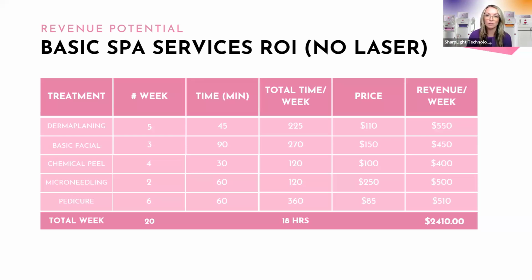Amazing. So just to touch on, the advantage of your fractional handpiece in your practice, in your business, as well being able to go into stack treatments using your fractional. If you have other handpieces as well, Sharp Light handpieces. We always kind of start here as, when you look at basic spa services, when you aren't working with laser technology, of course, you can make some great revenue with your common treatments like your microneedling, your chemical peels, your microdermabrasion.